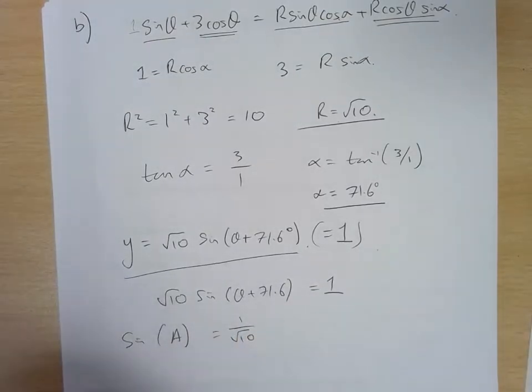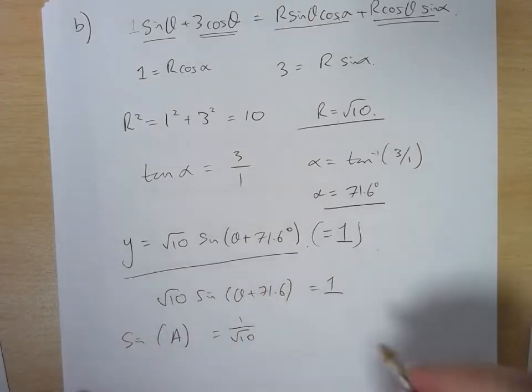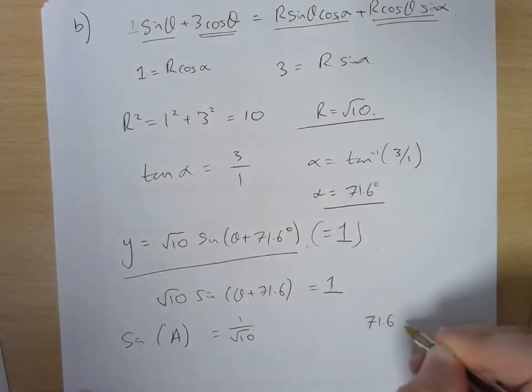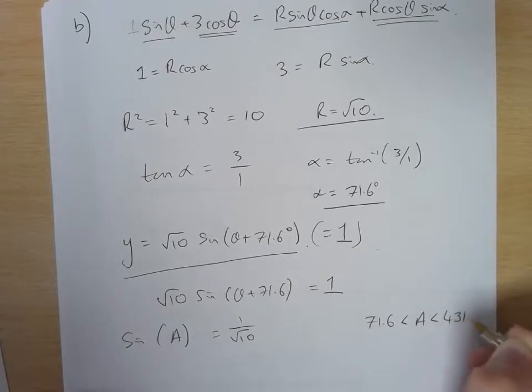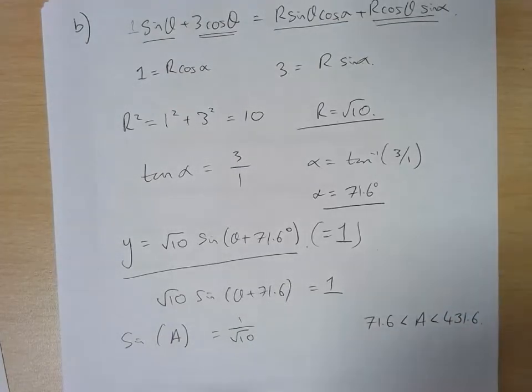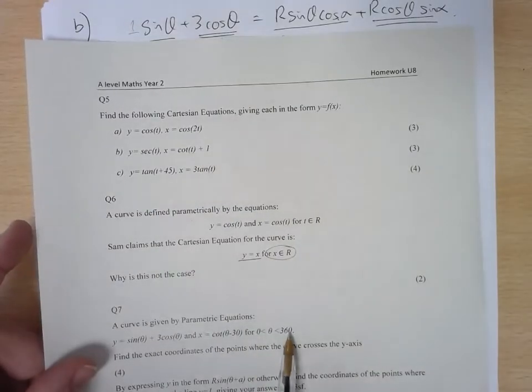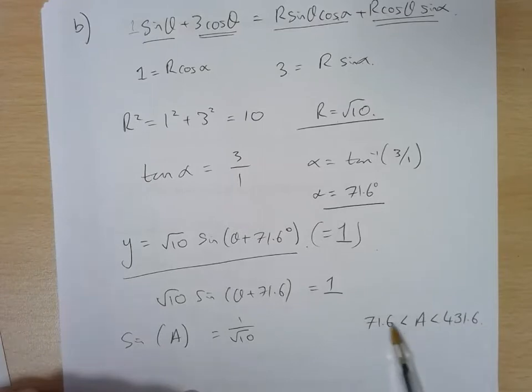And our new range, if you remember, we've got to add on this 71.6, is 71.6 less than A less than 431.6. That's what happens because we're told in here this is between 0 and 360. If we add on 71.6, our new range for A is going to be between there and there.